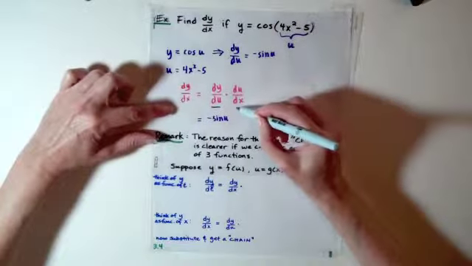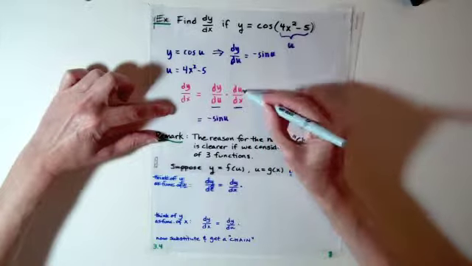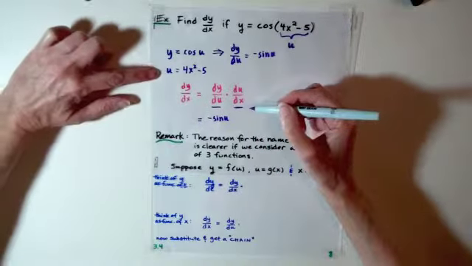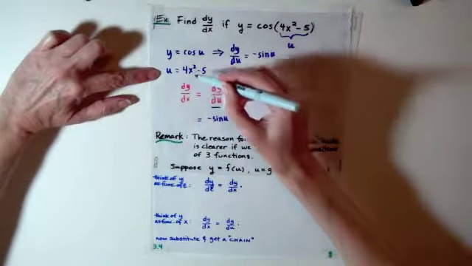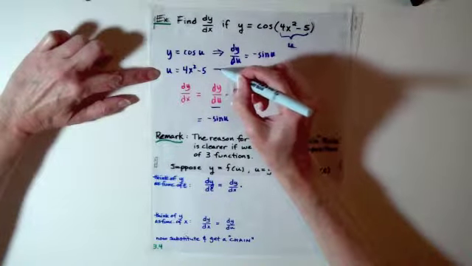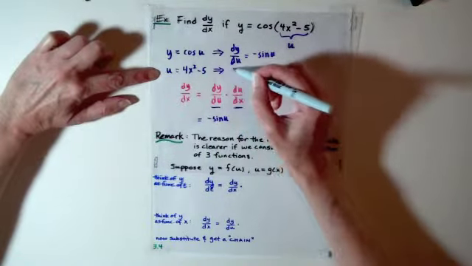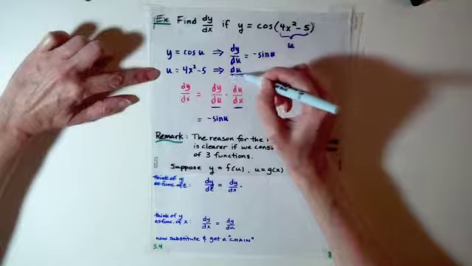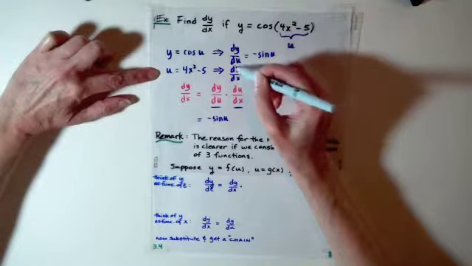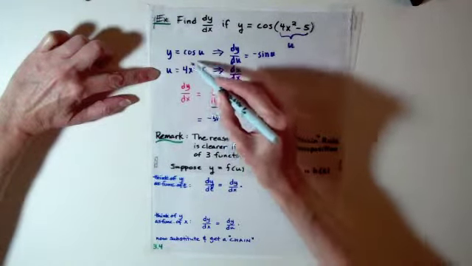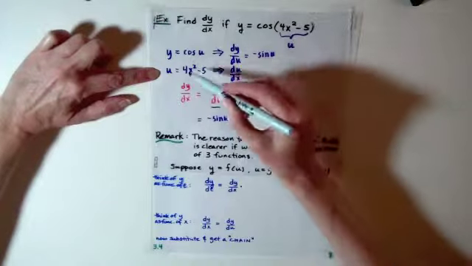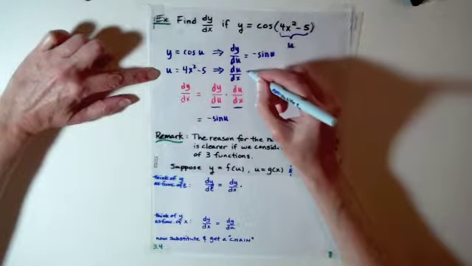All right, the other factor that I see is du dx. And right here I have u expressed as a function of x. So if I want its derivative, the derivative of u with respect to x, all I have to do is take the derivative of the right-hand side. Derivative of 4x squared minus 5, I can do that.